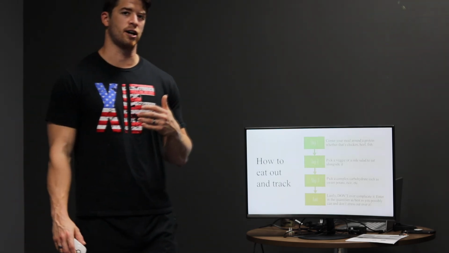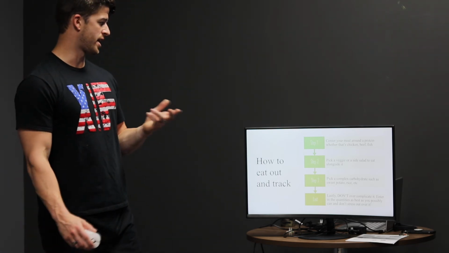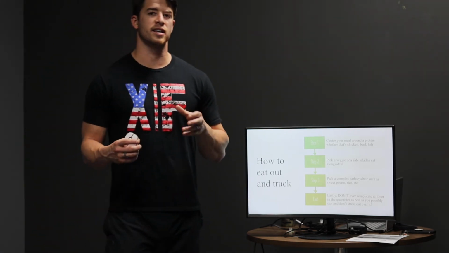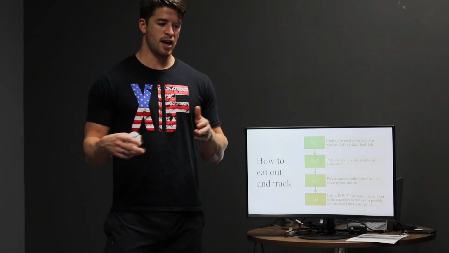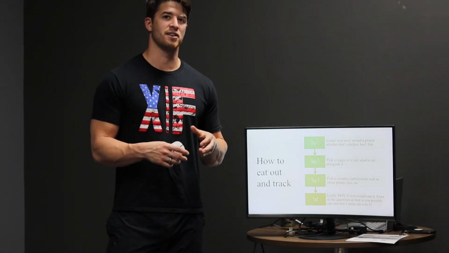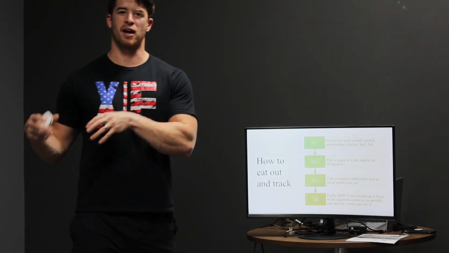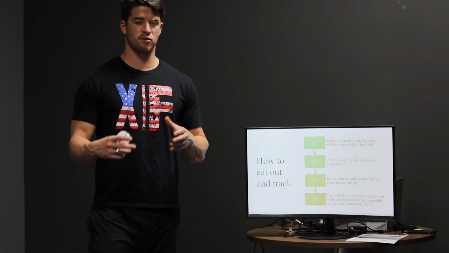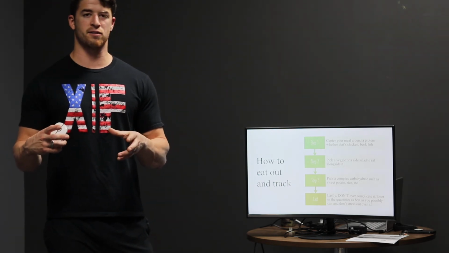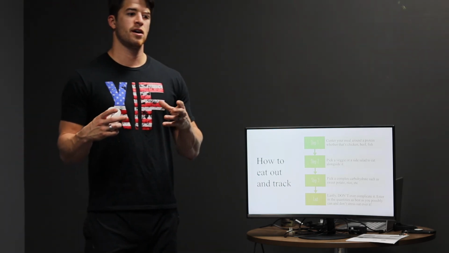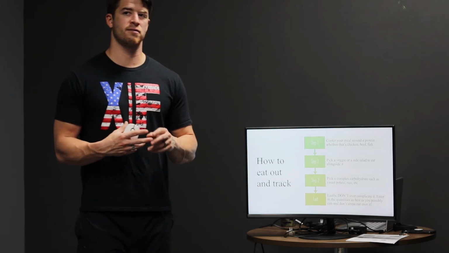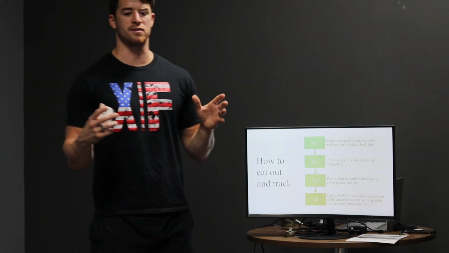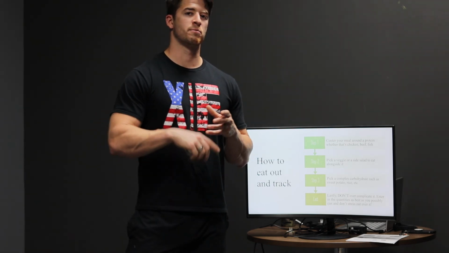So lastly, I wanted to talk about how to eat out and track your food. At most restaurants, you're able to get at least one thing of protein and some sort of side salad or a baked potato. What I always recommend is find something on the menu that has a decent portion size of protein, whether it's steak, chicken, beef, salmon, whatever the case is, and then build around that.